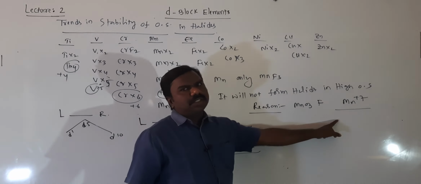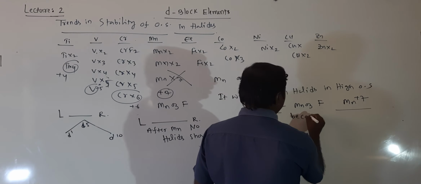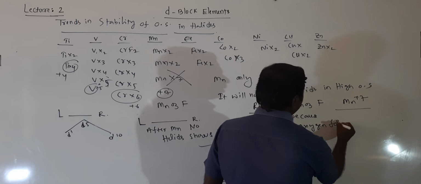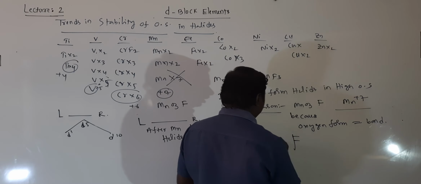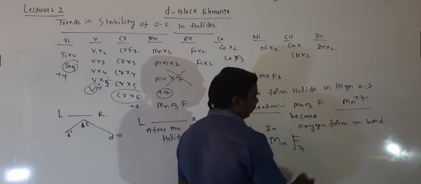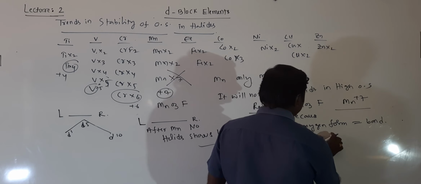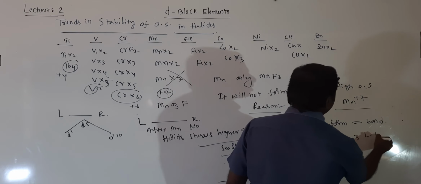In plus 7 oxidation state, MnO3F is only formed because oxygen forms a double bond, and in MnF7, each fluorine has 3 lone pairs on it.